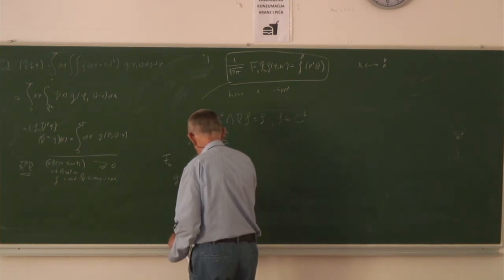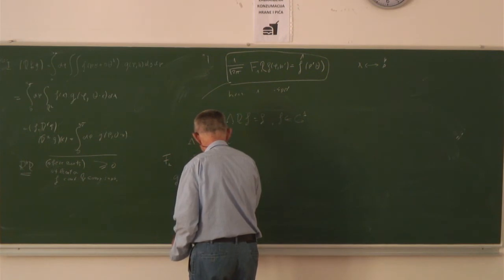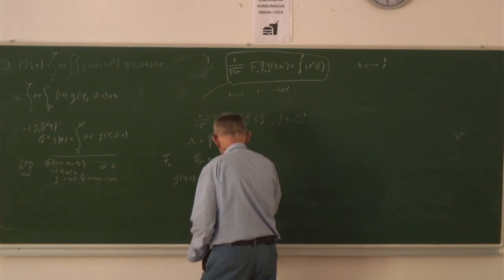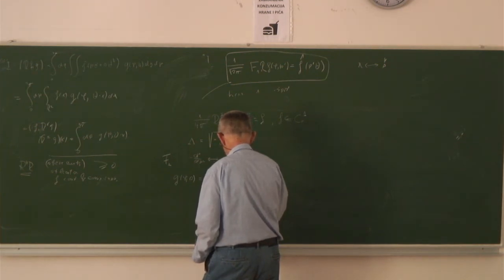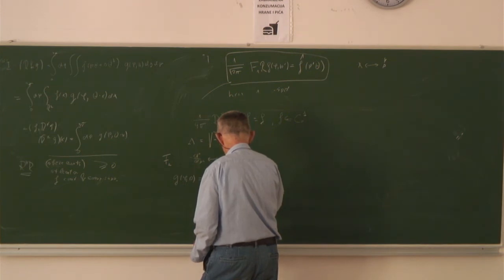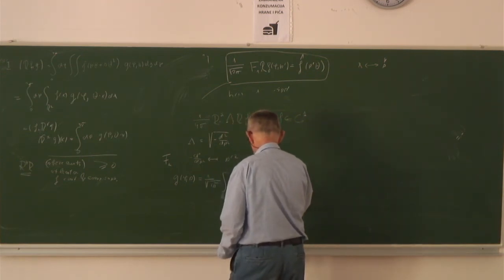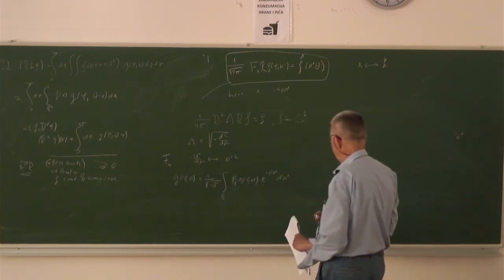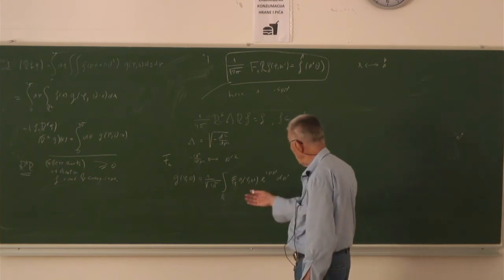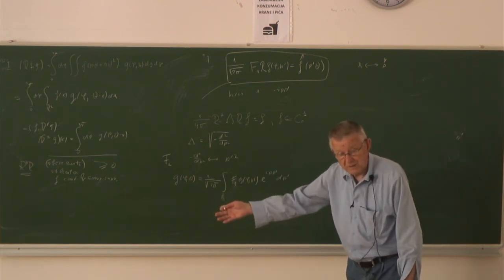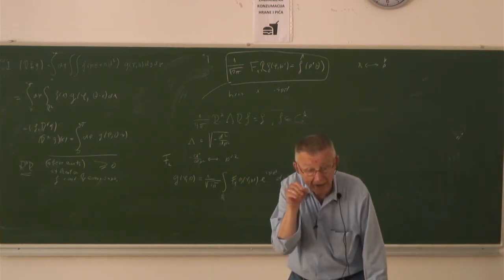And it is defined as 1 over 2 pi, integral over R, g of the Fourier transform of g phi p prime, e to the i p p prime dp prime. This is now the inverse of the Fourier transform. The Fourier transform had a minus i p p prime, and now we have a plus. It's the only difference: the inverse is just a sign on the exponential function.